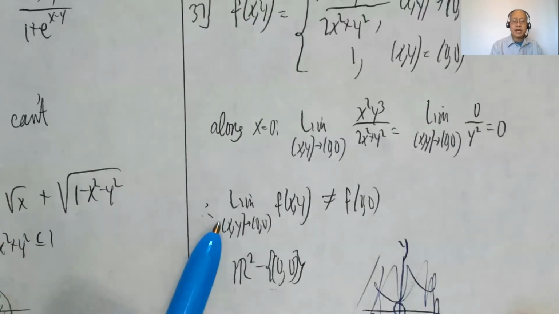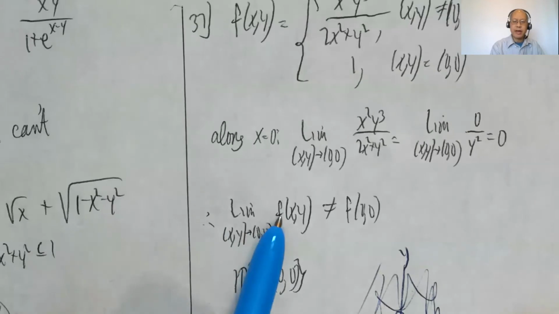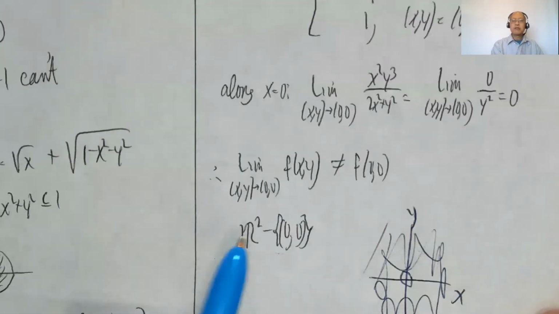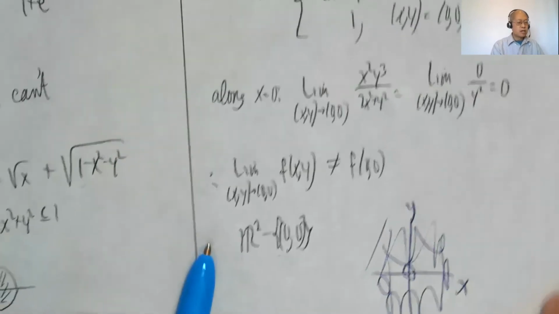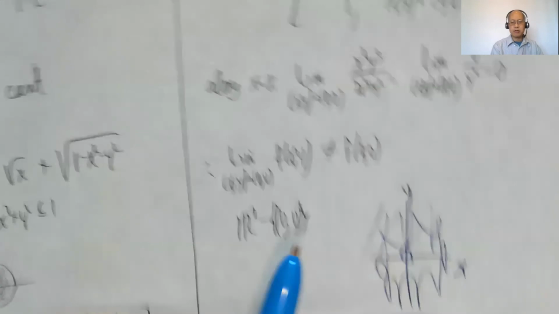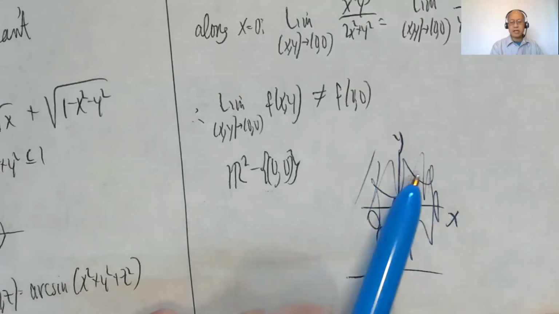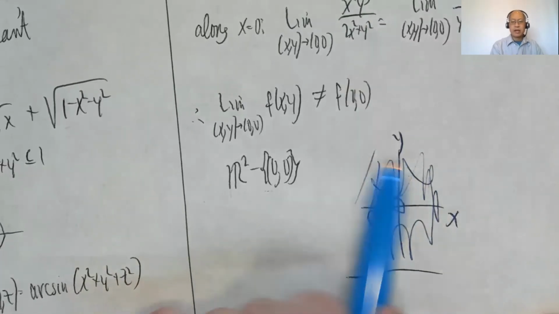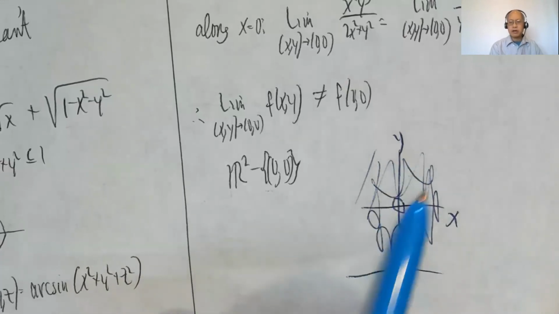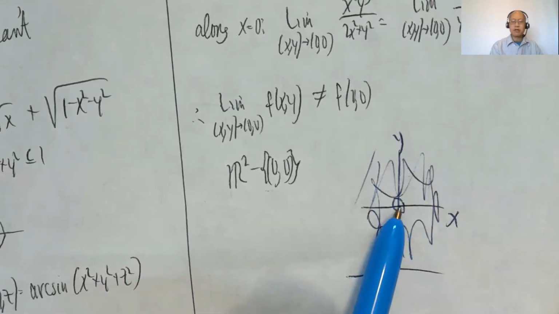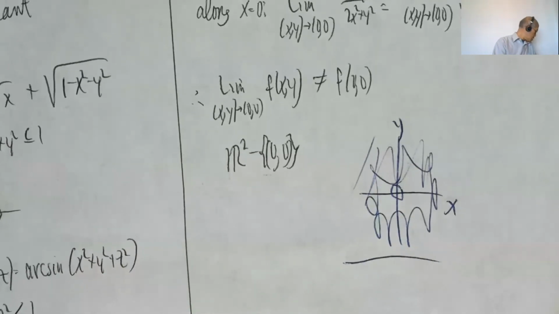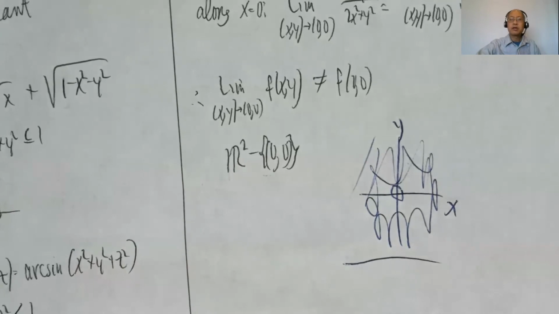So therefore, the limit as x, y approaches 0, 0 of f of x, y is not the same as f of 0, 0. So this function is going to be continuous on R2 minus the origin. If you imagine you have the entire xy plane and everything is shaded except you punch a hole right at the origin, it's continuous here, here, here, just not at the origin. The function is not continuous there, right? So these are notes for section 14.2.